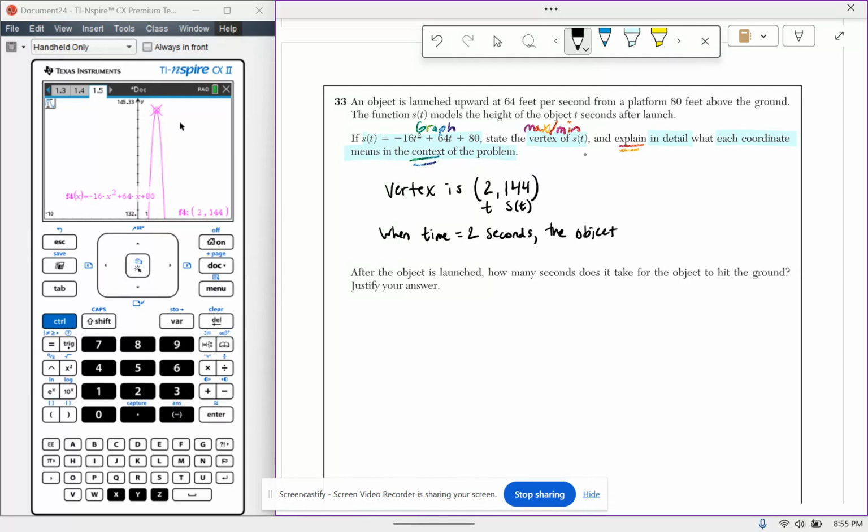The object is 144 feet, just feet above the ground. Okay, above the ground. I had to read it again to see.